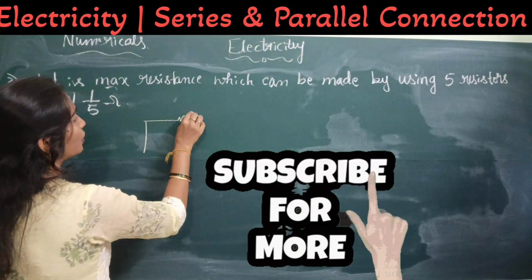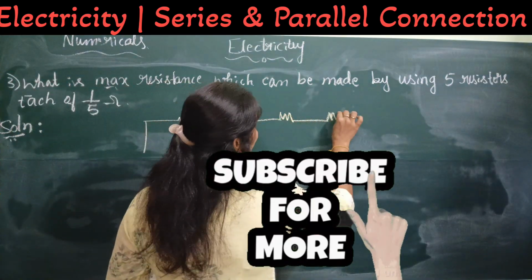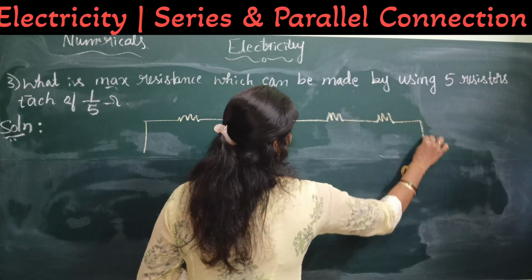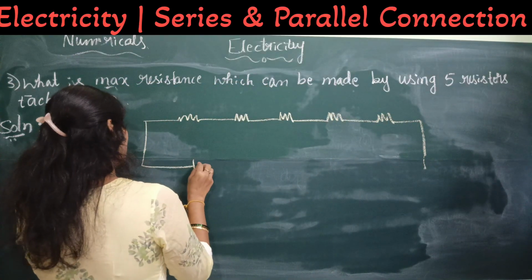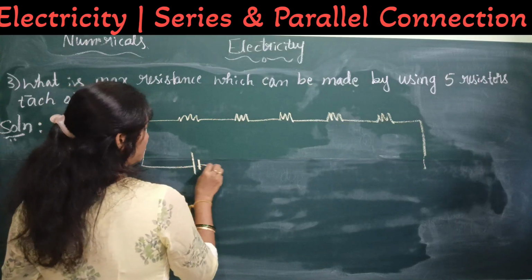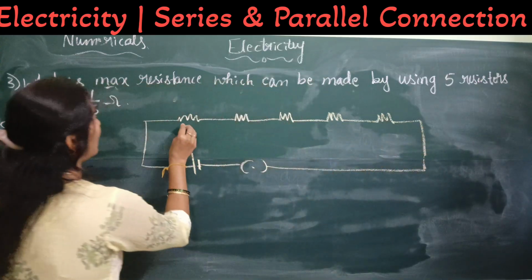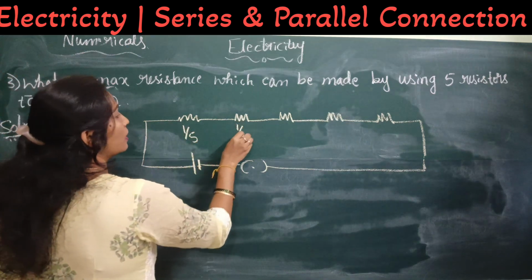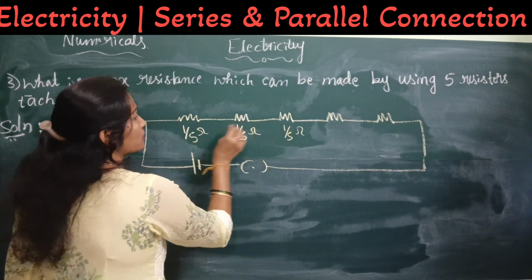Total 5. 1, 2, 3, 4, and the 5. They got connected to a battery. Each of them has a resistance of 1/5 ohm. Correct?